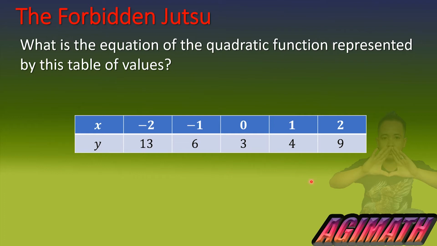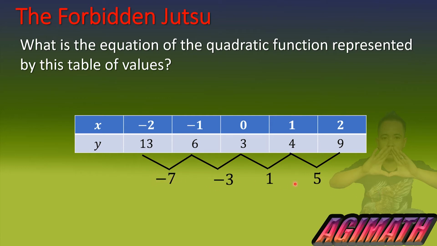After checking that the given table of values meets the criteria I mentioned earlier, we can now proceed. The first thing you're going to do is find the differences in y. 9 minus 4 is equal to 5. 4 minus 3 is equal to 1. This is very important: we need to do it from right to left all the time so that this technique will work. 3 minus 6 is equal to negative 3. 6 minus 13 is equal to negative 7.